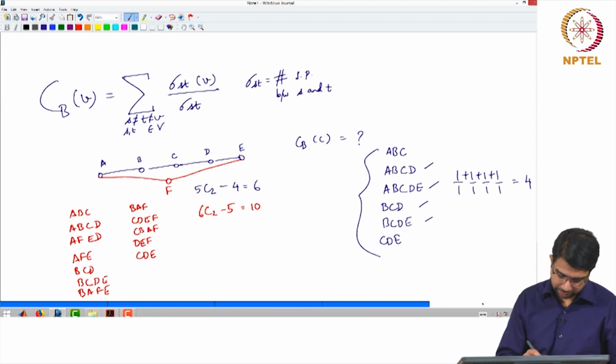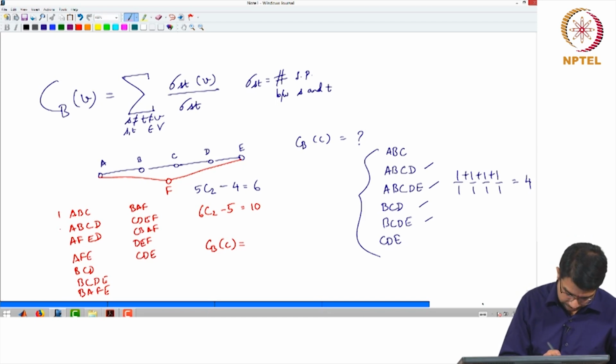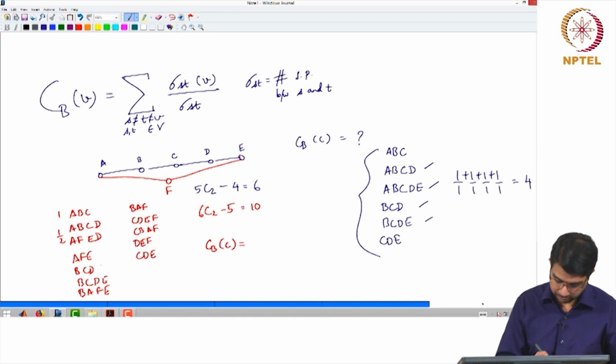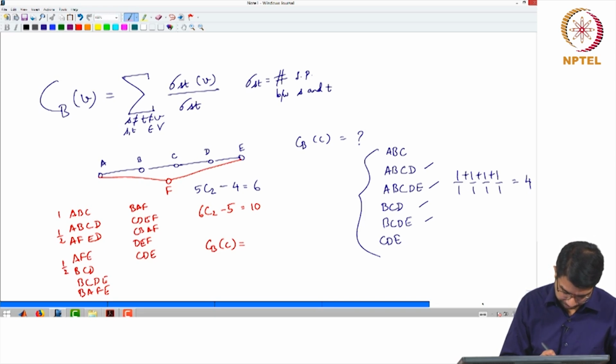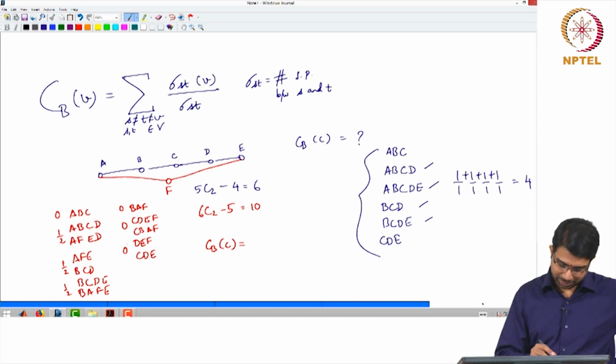But essentially if you now start looking at the betweenness of C, right, so it will be 1 plus half plus half plus half. So in fact this is not 1, right? I think there is one more path that we have missed.